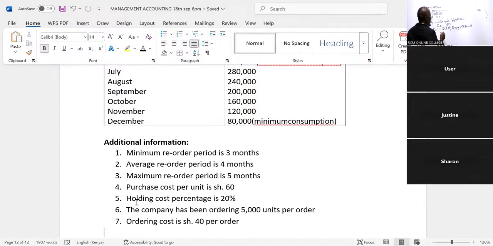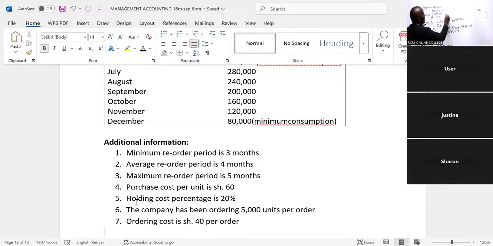Is there anybody who is able to see the buying price per unit? 60, yeah, 60. So 0.2 times 60 will end up giving me what figure? 12.